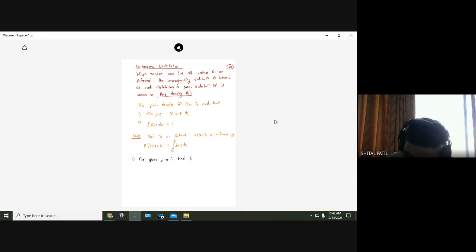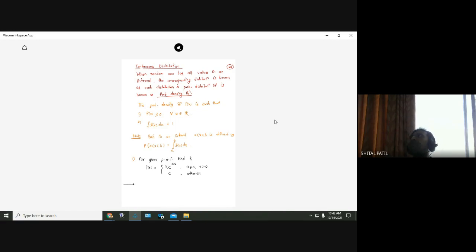Find K. Our aim is to find K. f of x equals K into e raised to minus alpha x for x greater than or equal to 0 and alpha greater than 0, otherwise 0.